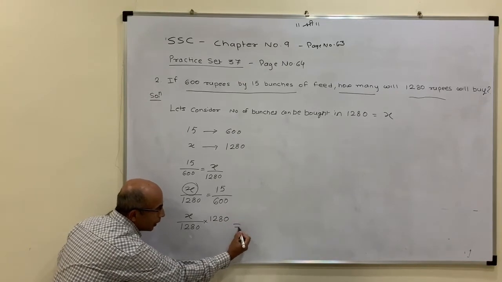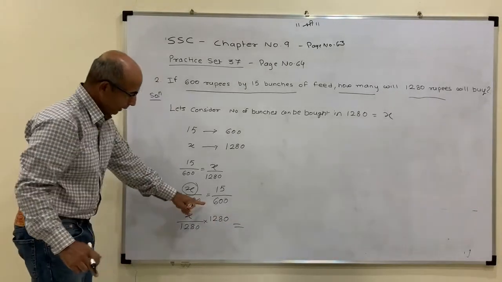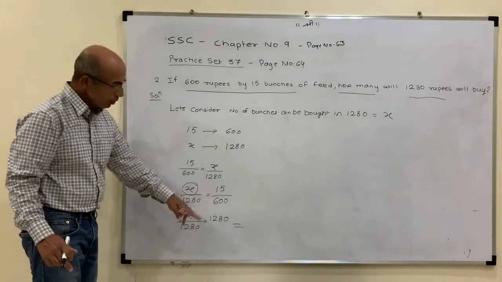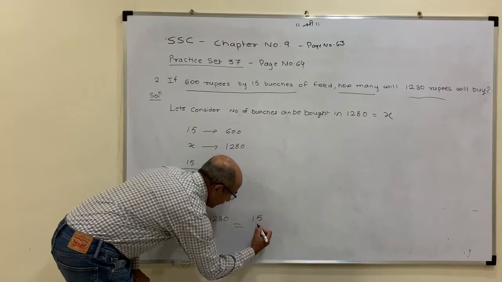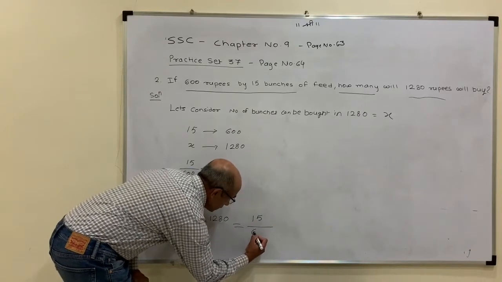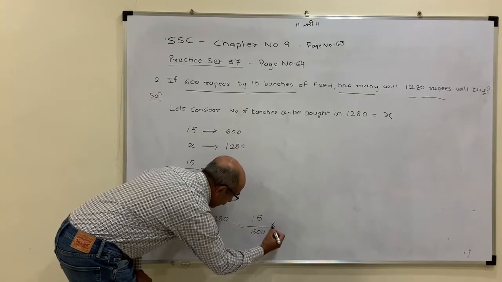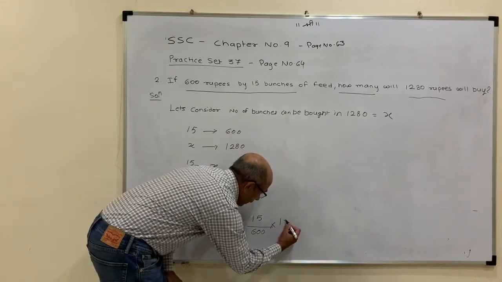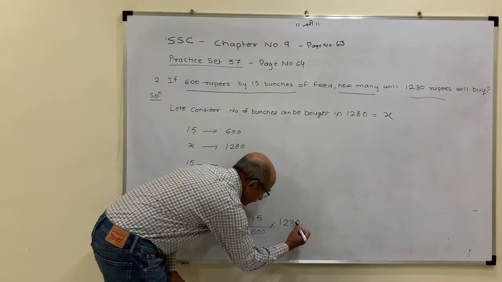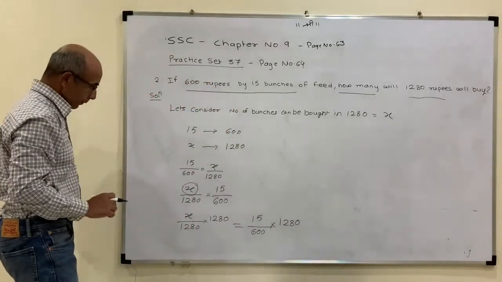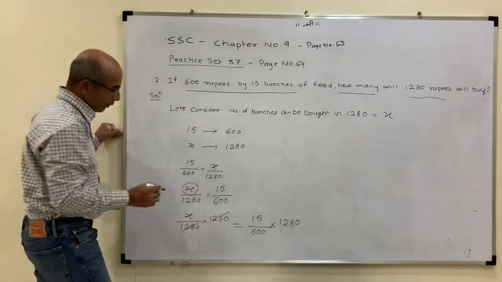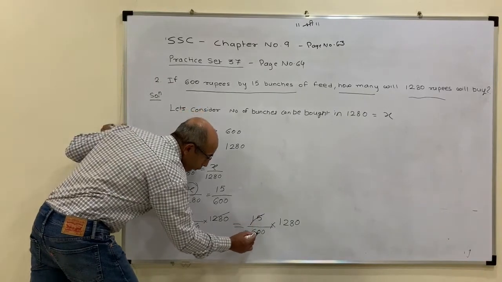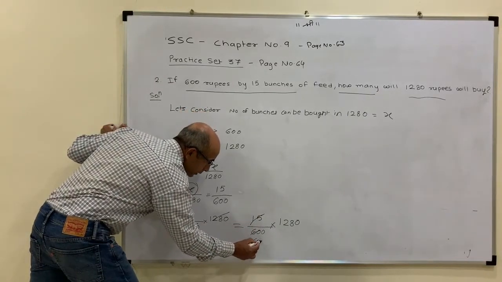And now to maintain the equality, I have to do the same operation on the right hand side: 15 divided by 600 into 1280. So now here 1280 is gone. 15 fours are 60.